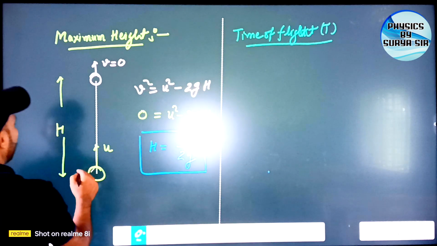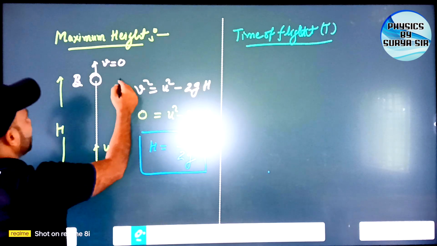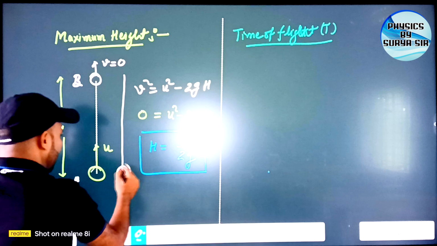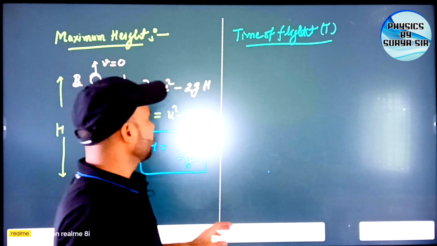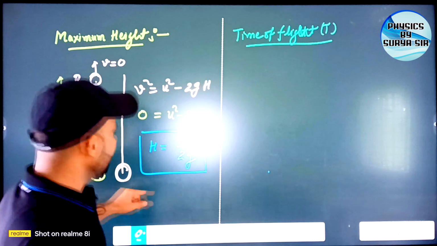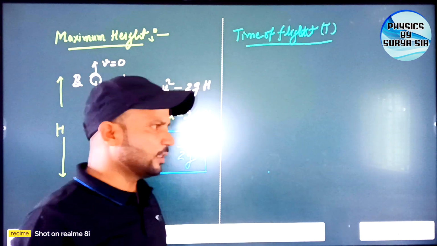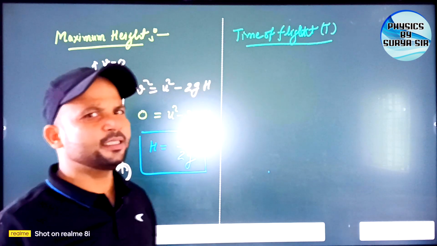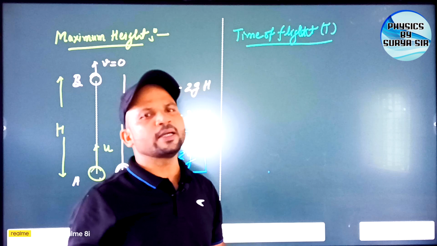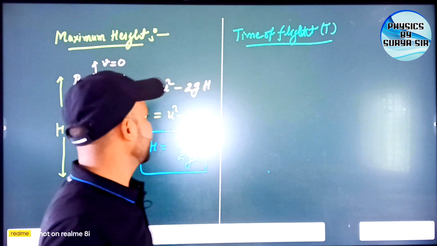Suppose this is point A and this is point B. At B, its velocity is 0. Now it starts moving downward and returns back. So how much time it took from A to B and again from B to A? That is called the total time of flight. Clear? It is also defined as the total time spent by the object in the space.